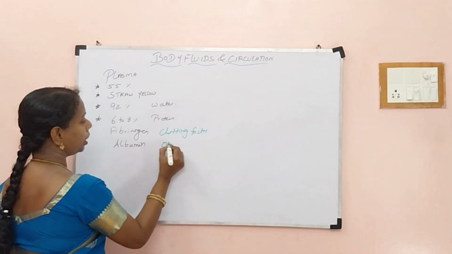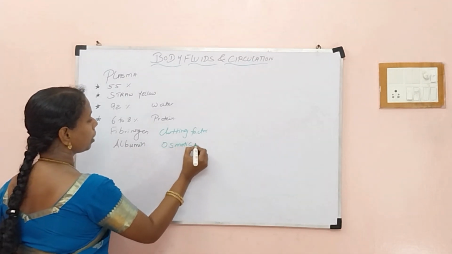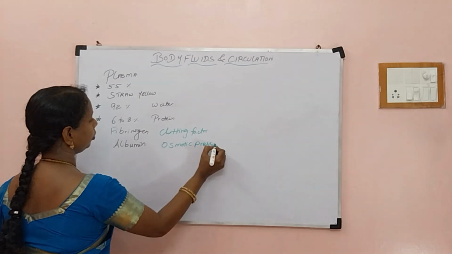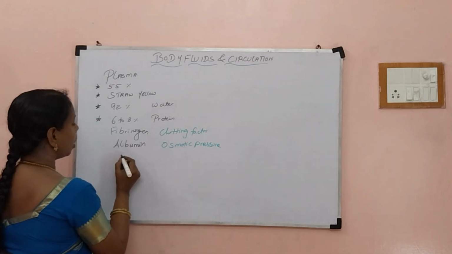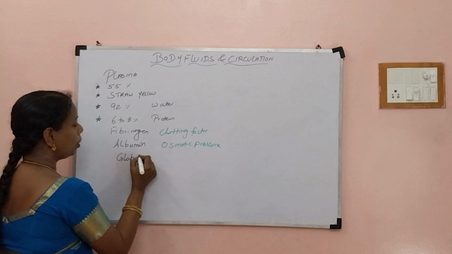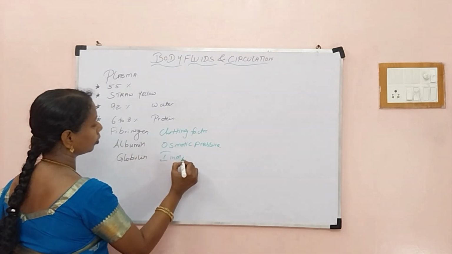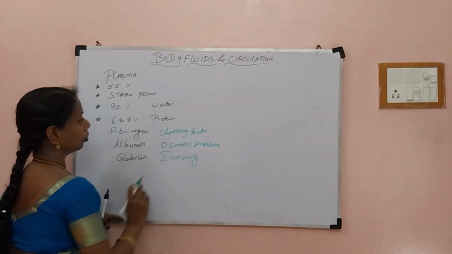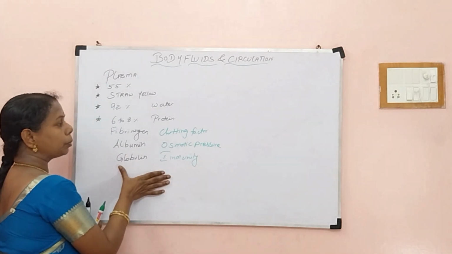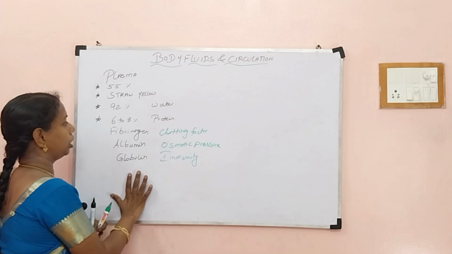Albumin is for maintaining osmotic pressure. And then globulin. Globulin gives immunity. So this is regarding protein. All these are possible questions only, children.